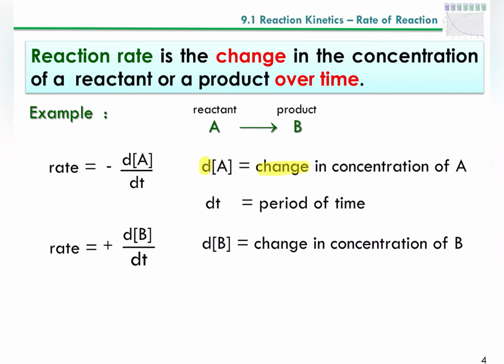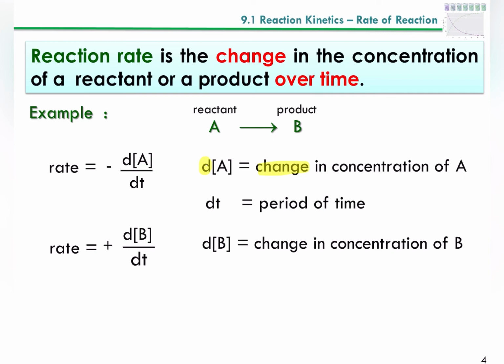As you've learned in chapter 8 before, you learned about chemical equilibrium, and as we know, when there is a relationship between concentration versus time, the concentration for the reactant will always decrease. However, for the product, it will always increase over time.